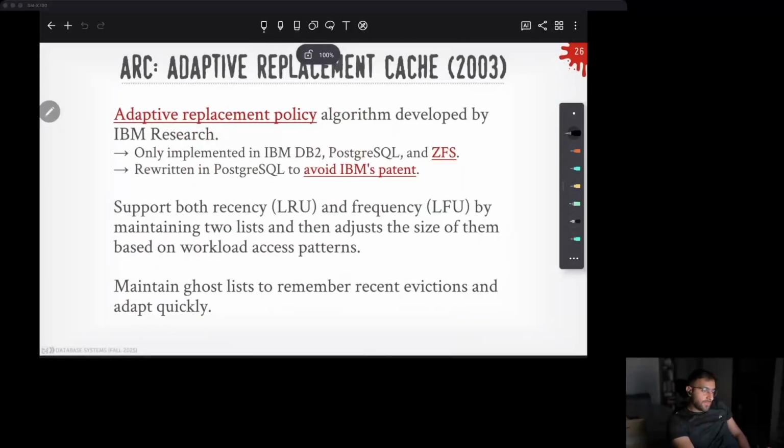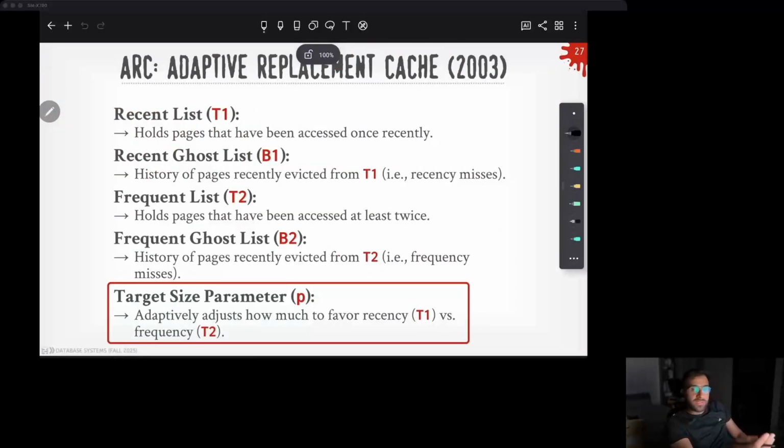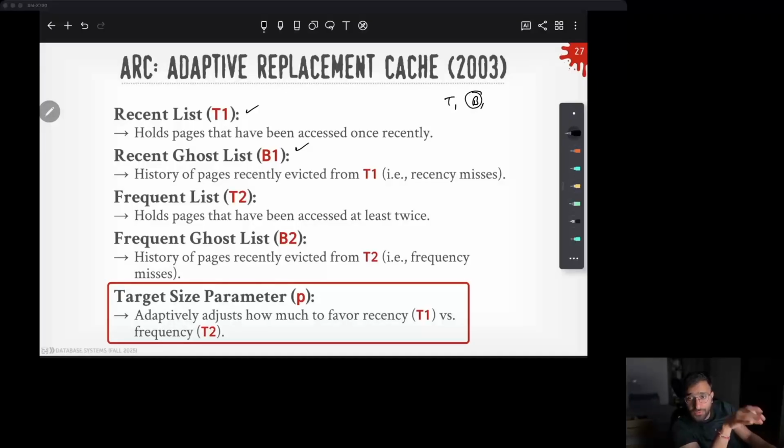So what you have in the ARC protocol is you maintain four lists and a parameter called P. There is a recency list that gives you some idea as to when pages were last accessed. Then you have a ghost list for that particular recency list. You have T1, which is your recency list. Then you have B1, which is your ghost list for the recency list, that is, pages that were in T1 but now they are not.